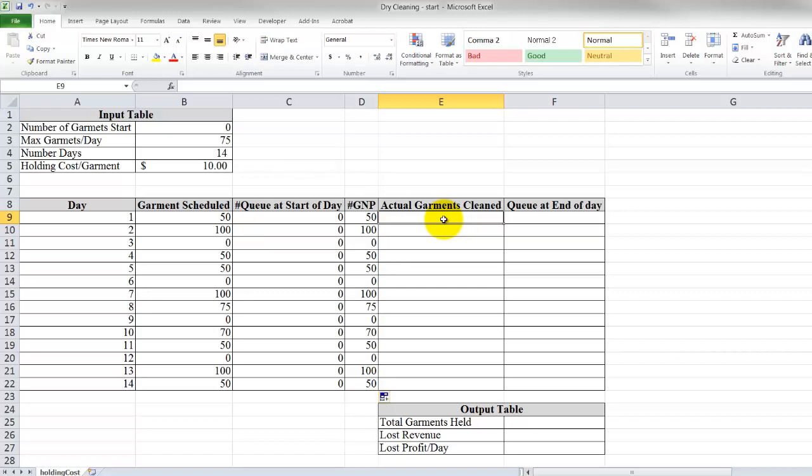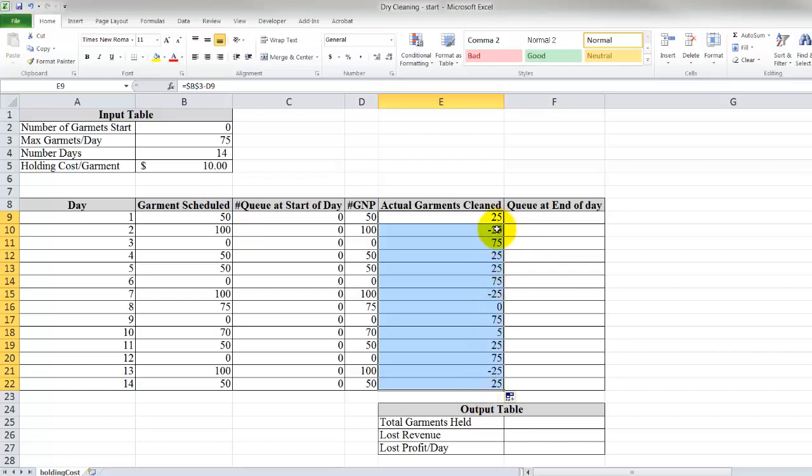So what I would do to start this process is just take a difference. Let's take a difference of 75, which is the maximum, minus the number of garments being processed. In this situation, we have 25, which indicates that we are okay. We have an excess of 25 units that we could potentially process. Let's fill this formula down.